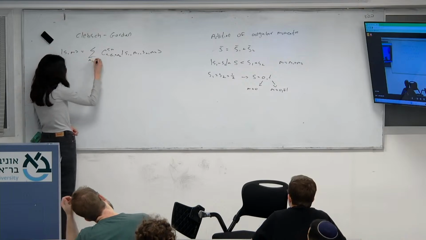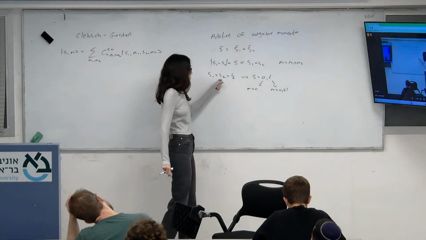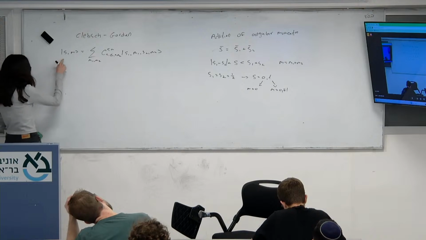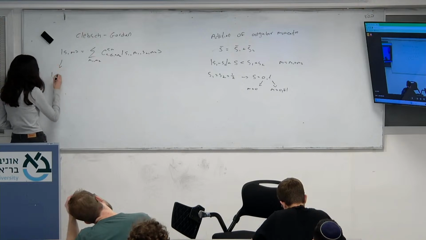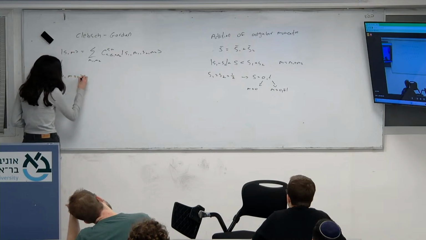So, for example, in the case of S1 equals S2 equals a half, one specific state would be S equals 0 and M equals 0.